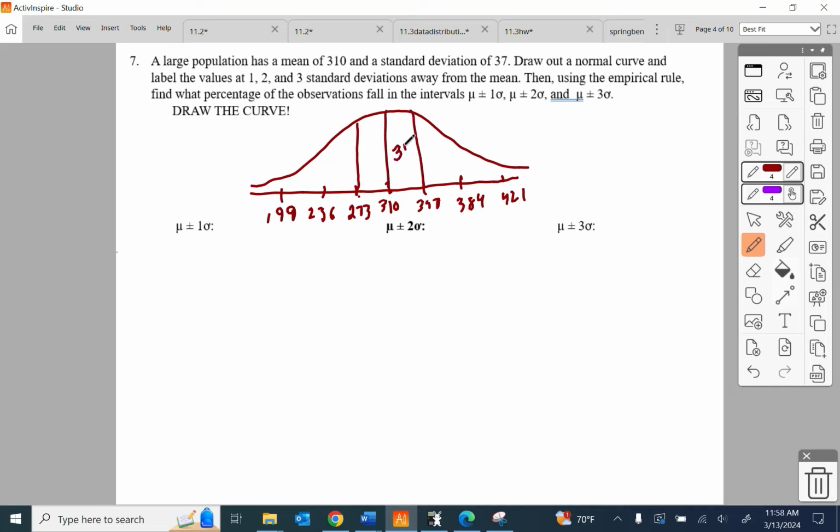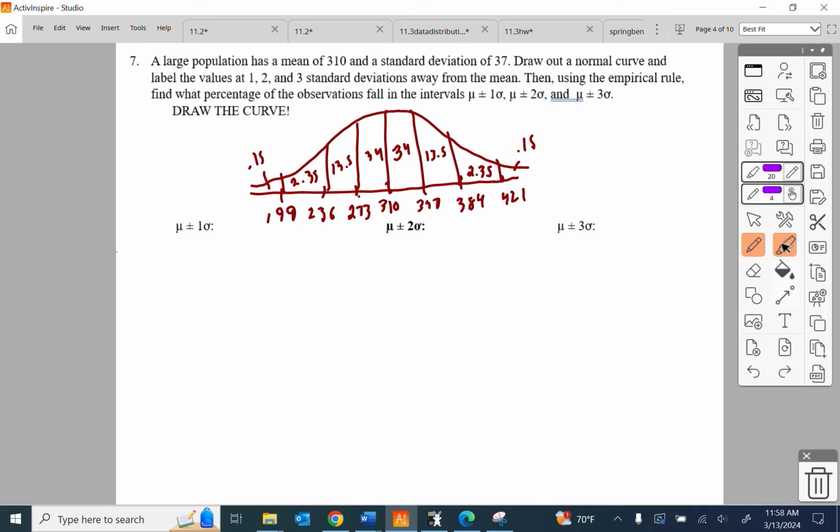Again, it's 34 in each one of these two block boxes. 13.5 in each of those. 2.35, 2.35, and 0.15 of a percent for the tails.